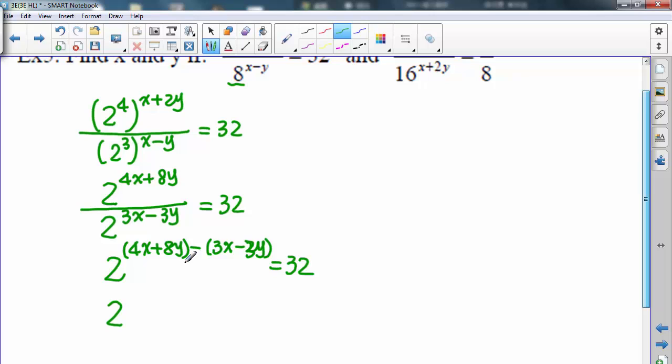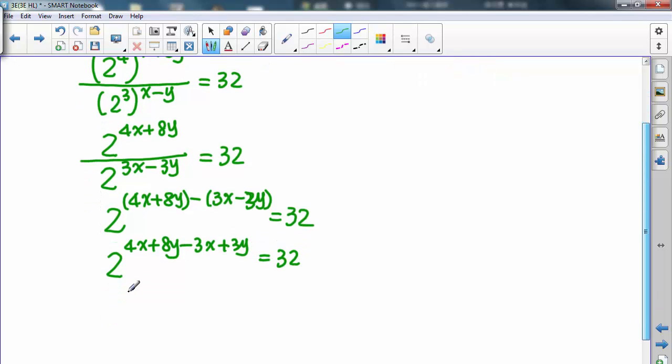This is a binomial minus a binomial. When you open the brackets, make sure you change the signs for the second binomial. So this one will be minus 3x plus 3y equals 32. So this one is 2 to the power of x plus 11y equals 32.